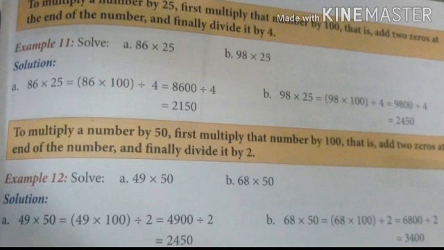Example: solve A: 86 into 25. So we multiply 86 with 100. It gives 8600. And finally we divide this by 4. The final answer is 2150.